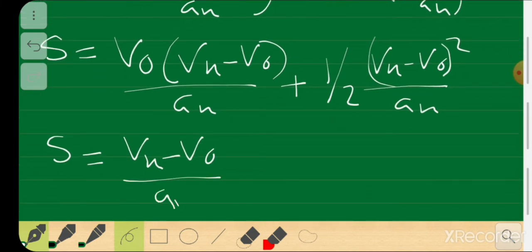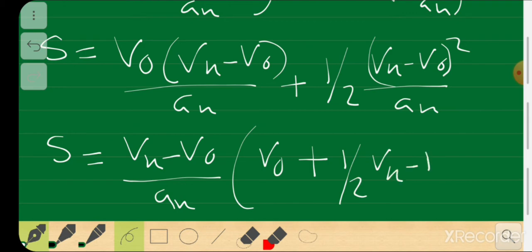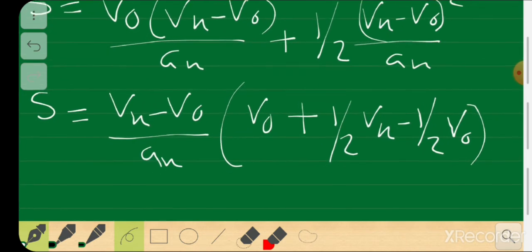That will be much easier, right? So you get v0 here in the rest, plus half of vx minus half of v0, right? So that's what you get. Okay, I think I did it right.